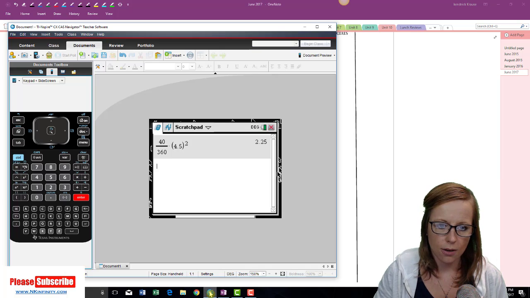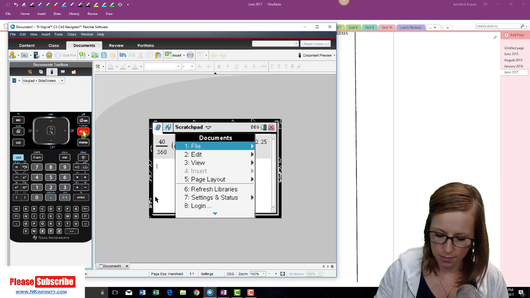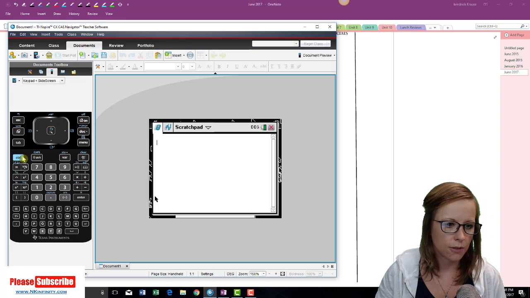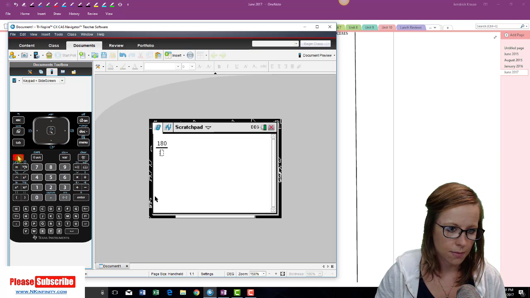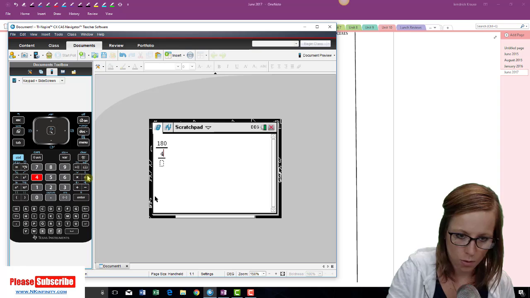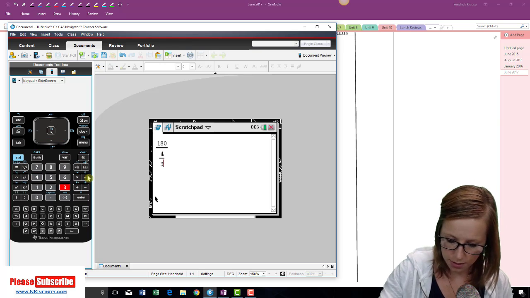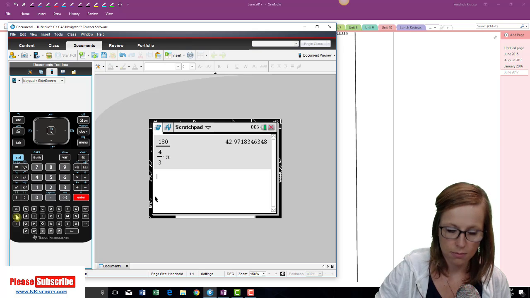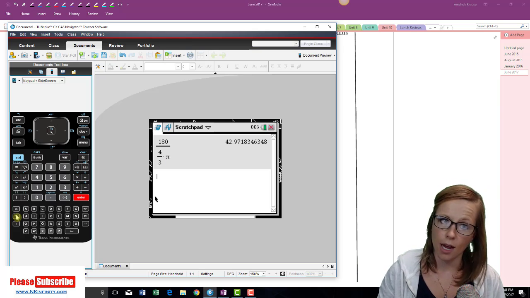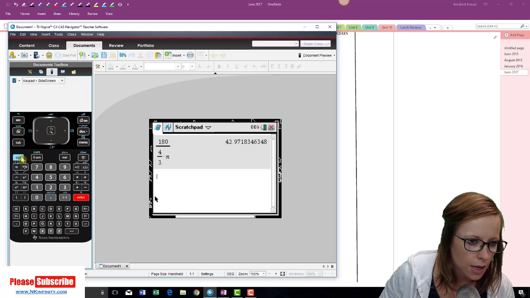So what's 180? Okay, doc B. Control divide. 180 divided by 4/3 pi. That's the wacky number. Now we have to cube root it, right? To do that, you do control and then the caret key.